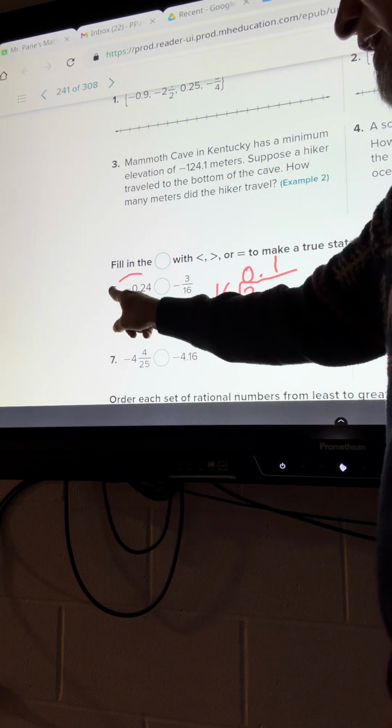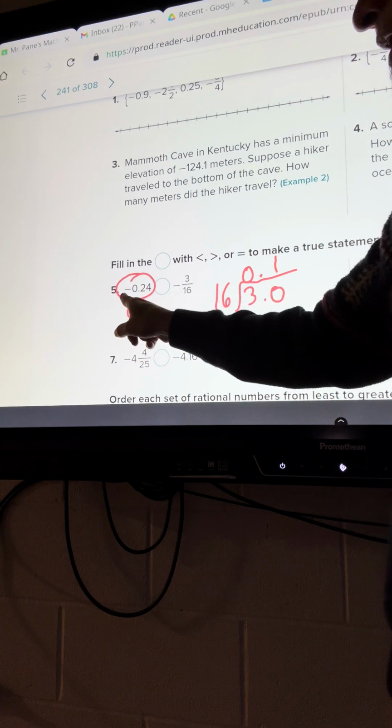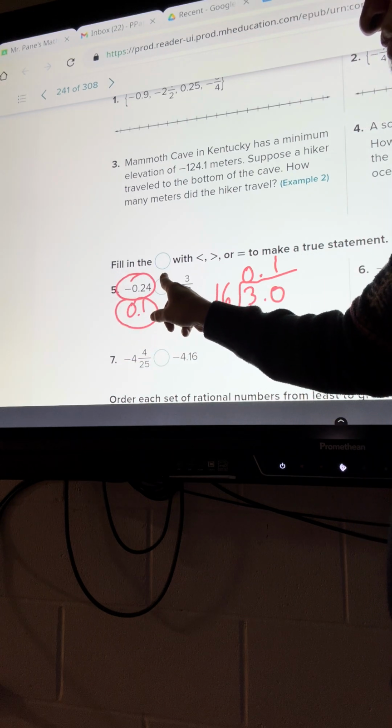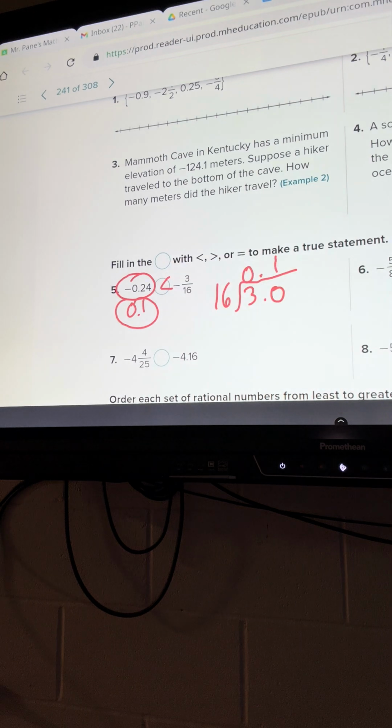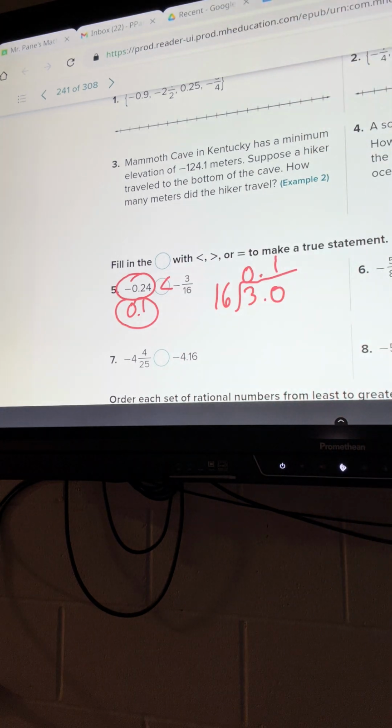So this one, negative 24/100, is going to be further to the left on the number line than this one will be. So negative 24/100 is less than negative 3/16. Okay? Remember, sometimes you have to do the full division out. Sometimes you can just stop.